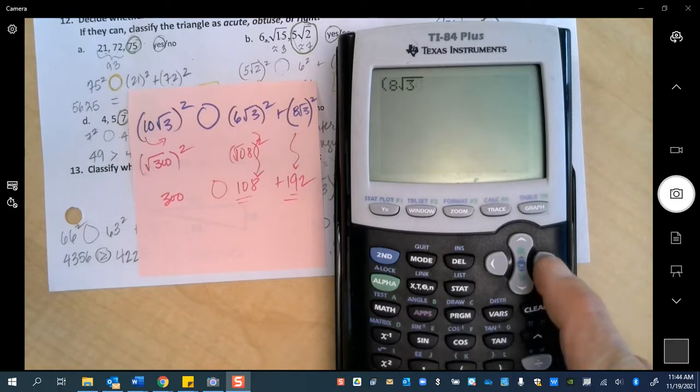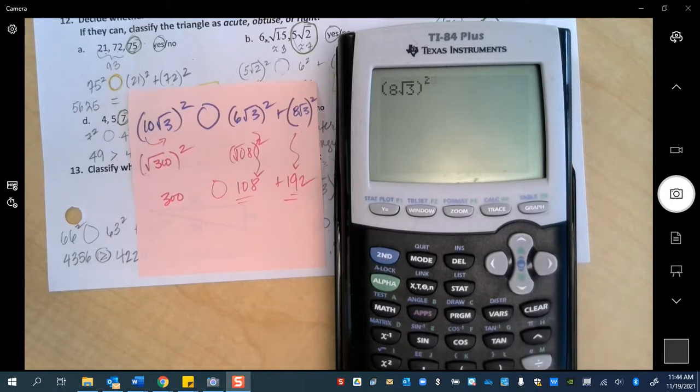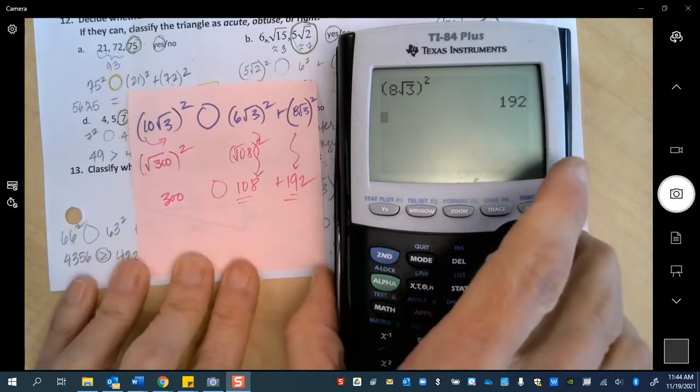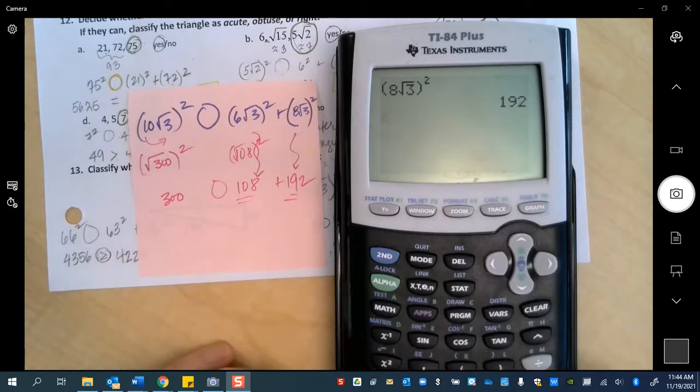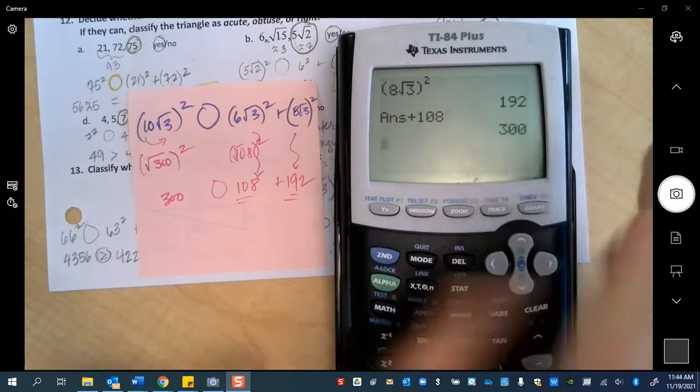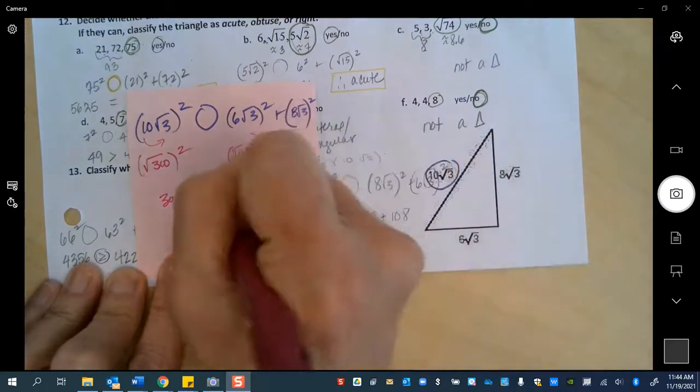Then I have to arrow out. This button here takes me out from underneath the radical sign, close the parentheses, because what that's going to do is it's going to take 8 times 8, root 3 times root 3. That's where I get the 192. And when I add that to 108, I get 300, which means these are equal.